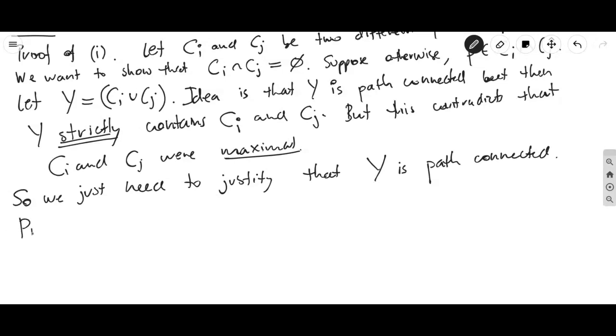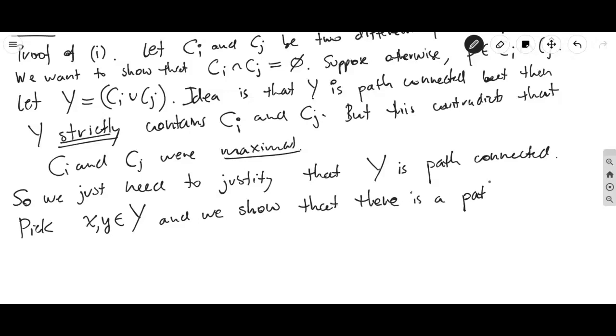So we pick 2 points, let's call them X and Y in Y, and we will show that there is a path gamma. So a path is a mapping from I. Okay, the notation is funny because we were using previously I for the indexing set.